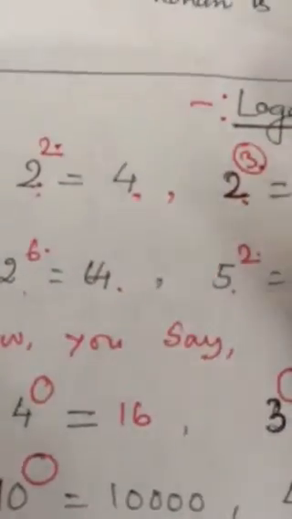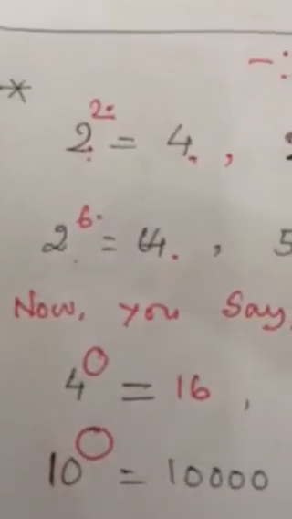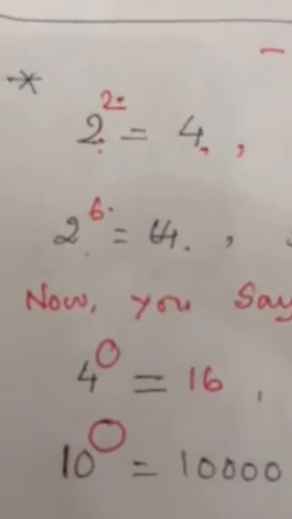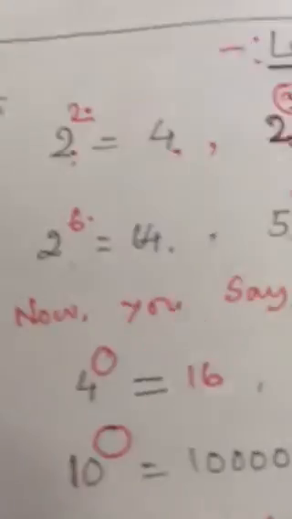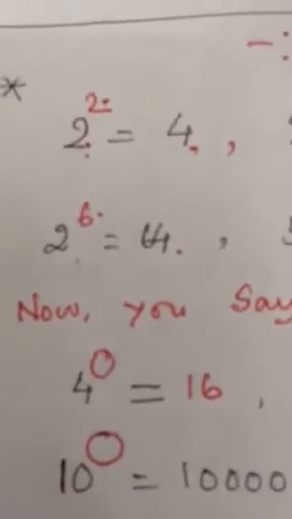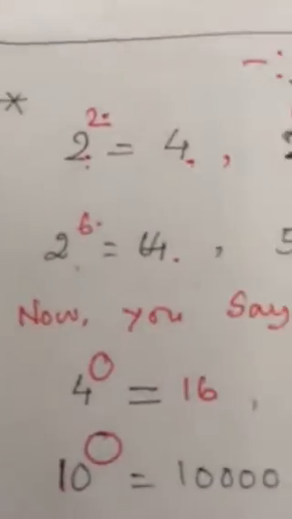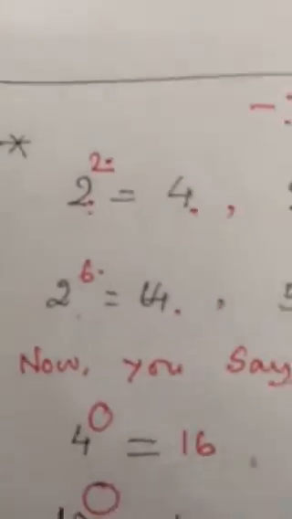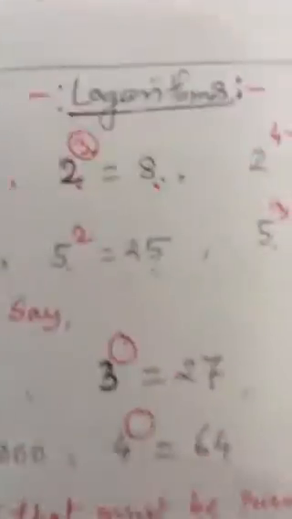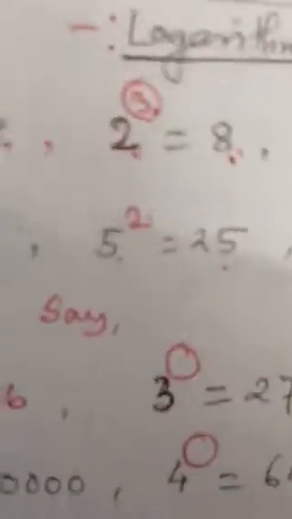So logarithm is quite similar to exponential. If you want to learn logarithm, you must have the concept of exponents or indices. If you don't have the concept of indices, then you will have a problem in understanding logarithm.